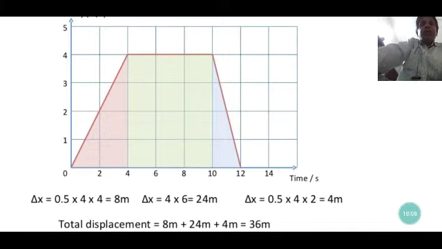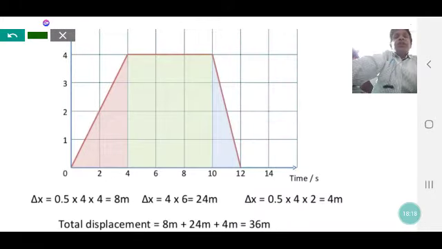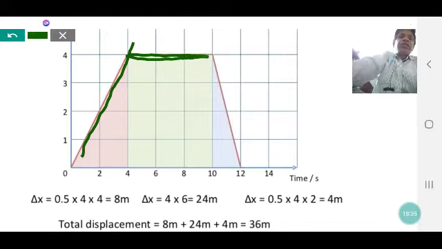Look here, the velocity-time graph given for an object. In the first 4 seconds the velocity increases with time, and for the next 4 to 10 seconds the velocity is constant, there is no change in the velocity, so the line is parallel to the time axis.